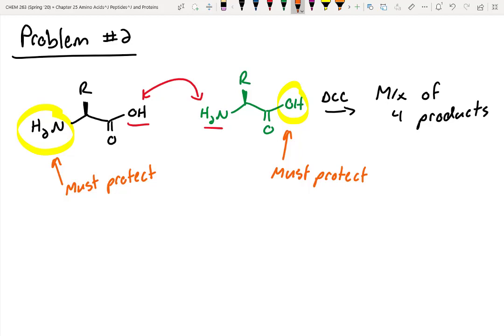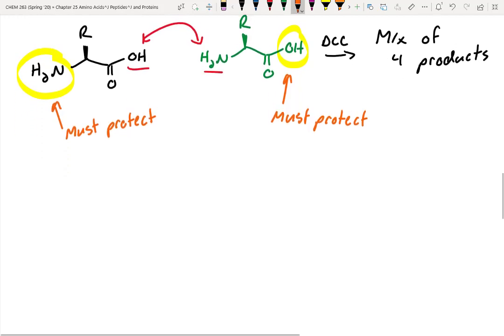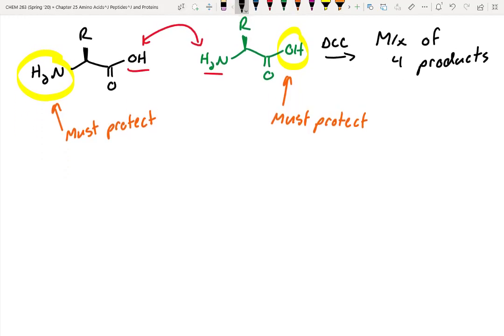In fact, I used to have a desk copy that went over hundreds of different protecting groups to use for a variety of different circumstances. In this case, I'm going to show you the most common protecting groups that we use in these situations. So let's make a list.